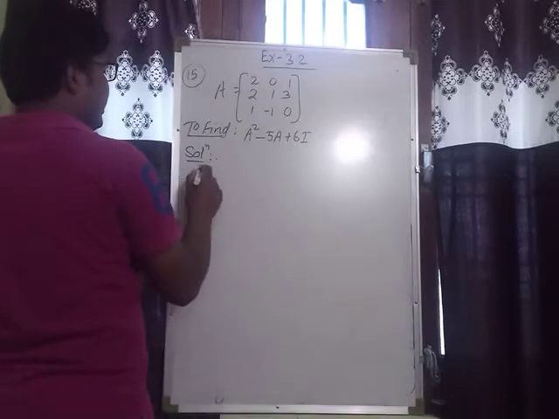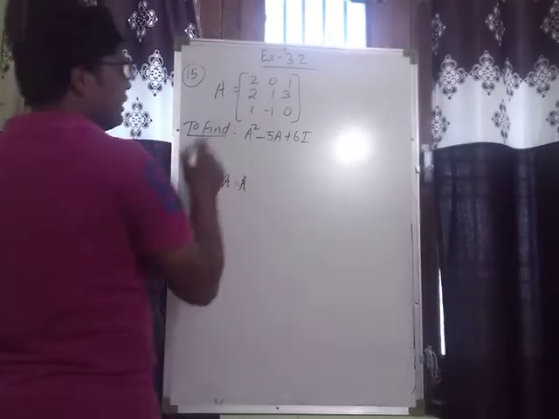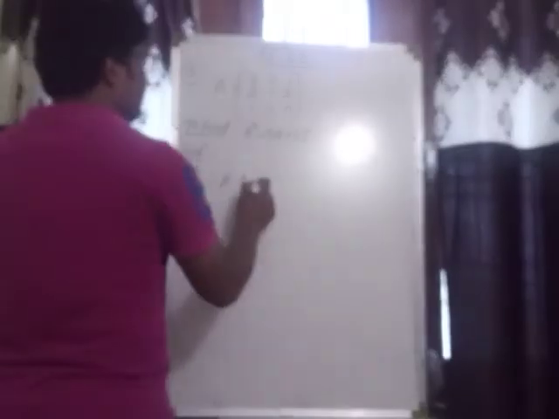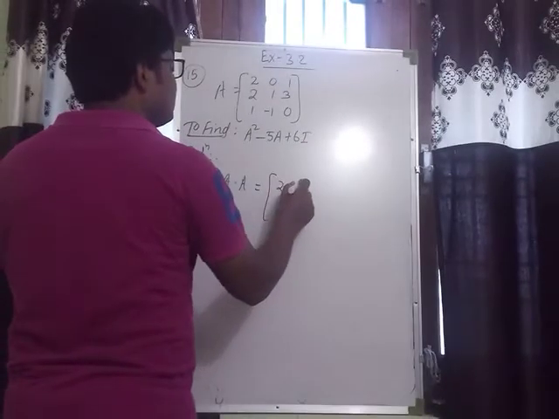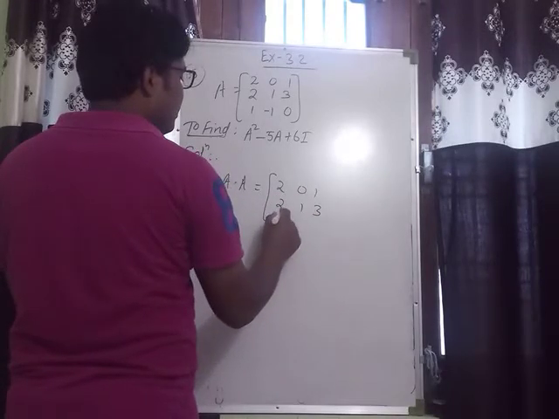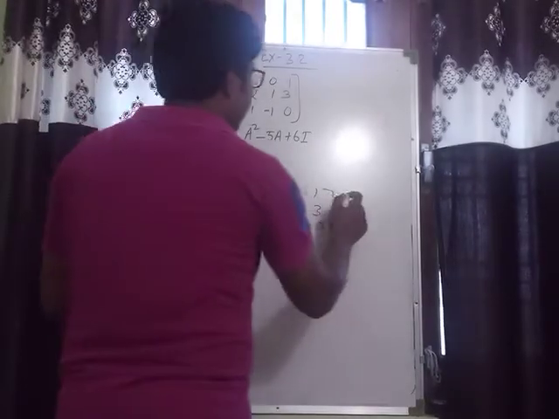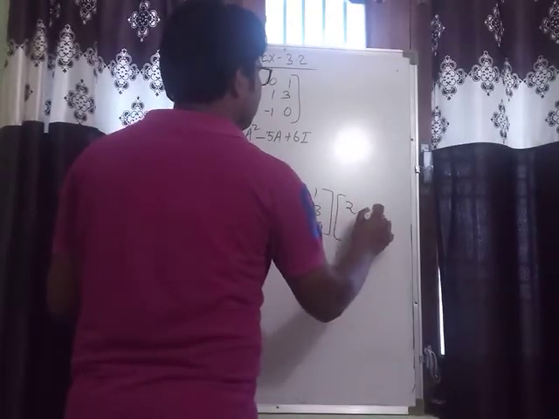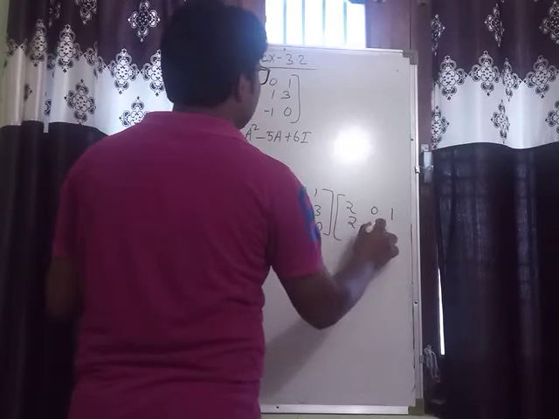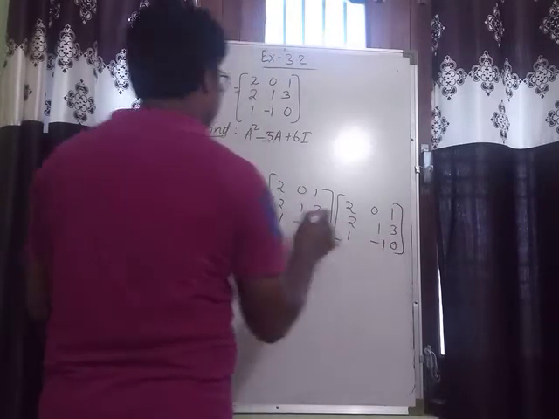Find out A squared. A squared is A into A. Here A is 2, 0, 1, 2, 1, 3, 1, minus 1, 0, and A again is 2, 0, 1, 2, 1, 3, 1, minus 1, 0. Now multiply these two.